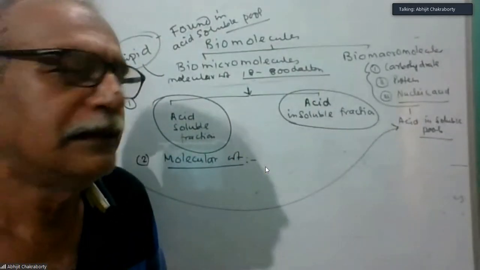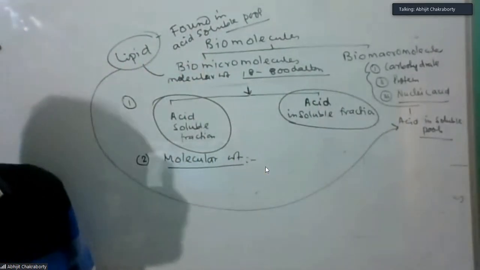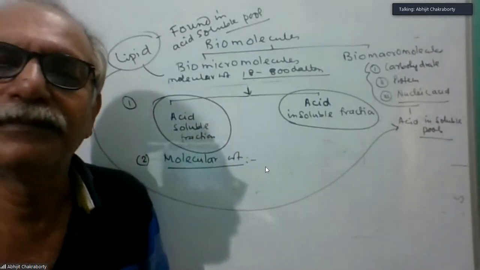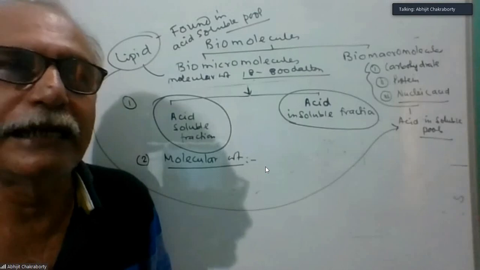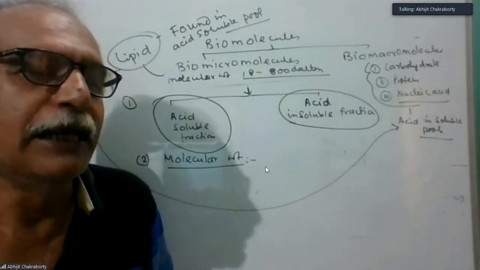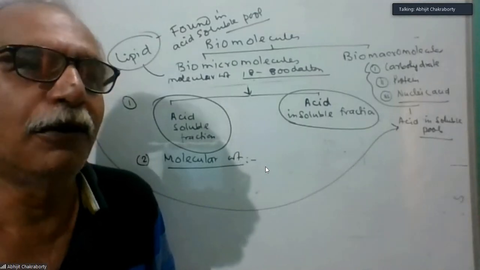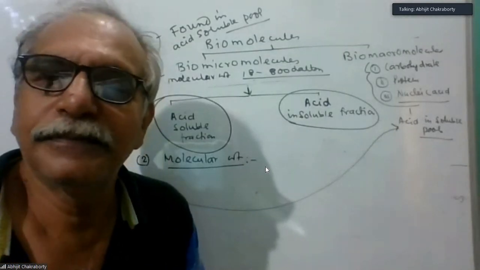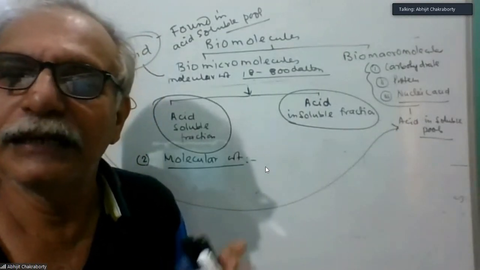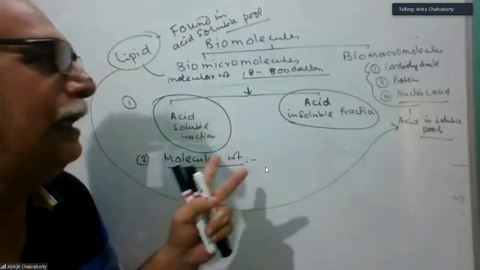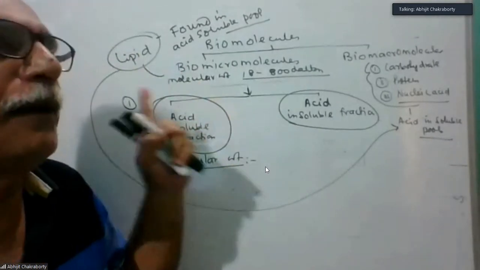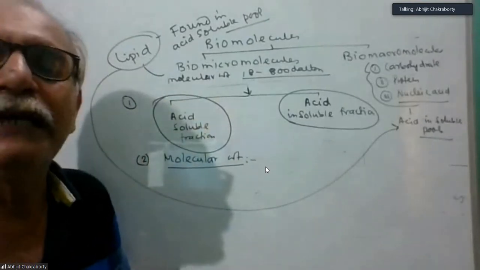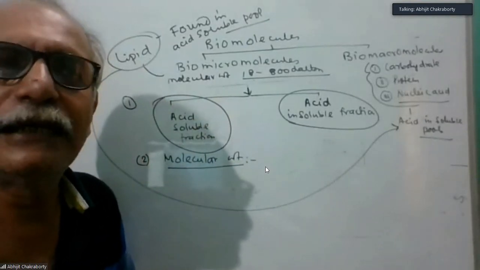Now, lipid molecular weight is found in the range of 18 to 800 Dalton. Technically, it should be under biomicromolecules because its molecular weight ranges between 18 to 800 Dalton.